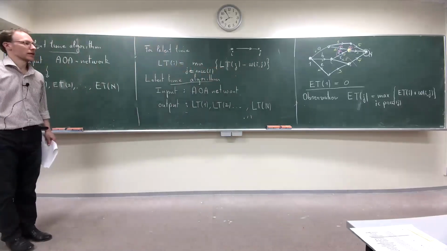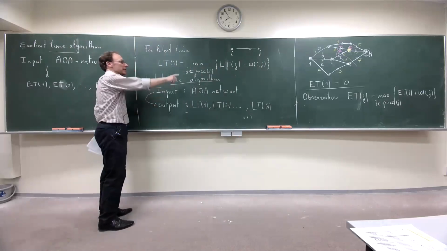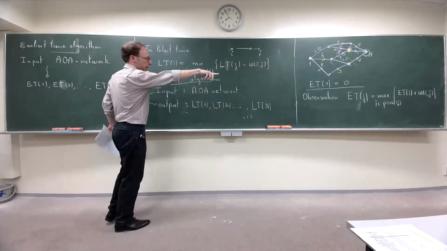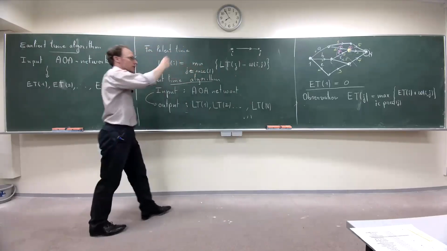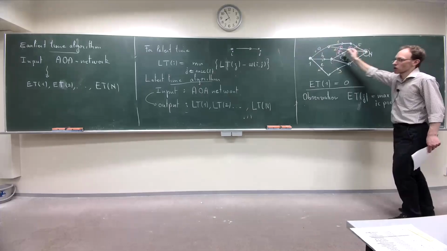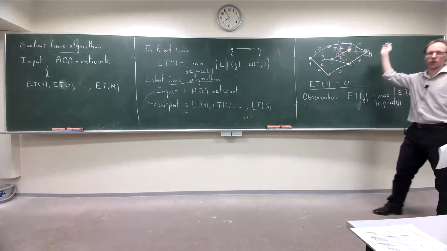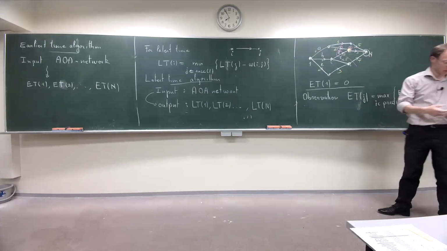It's not a difficult algorithm again, but instead of using the formula there, you need to use this one. The difference is that you start here and you go backward, while for the first algorithm you go forward. For the second one, you go backward.